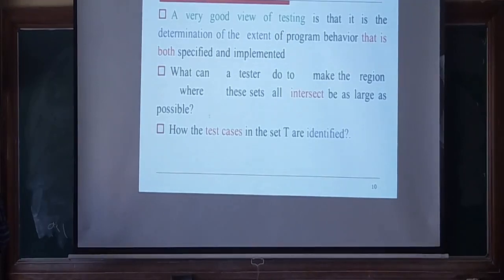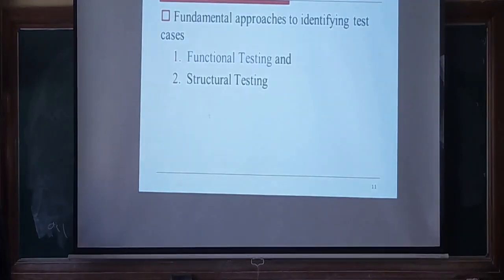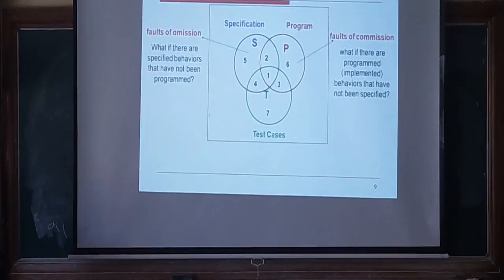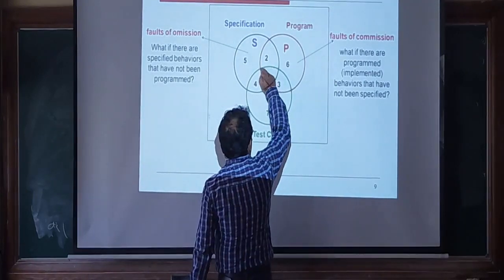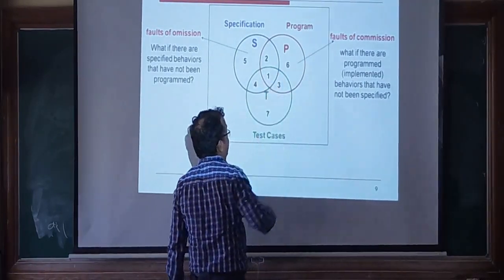How are test cases in the set T identified? So our objective here is to make this particular region as large as possible.